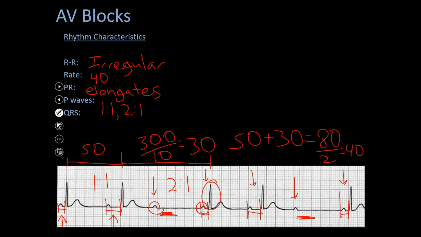And this is how you identify second-degree type 1. The PR elongates, and the R to R is irregular. It's important to remember that when we get to third-degree AV block. That will help you identify between the two rhythms.